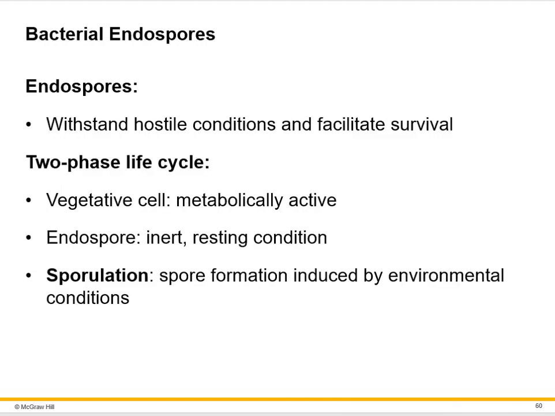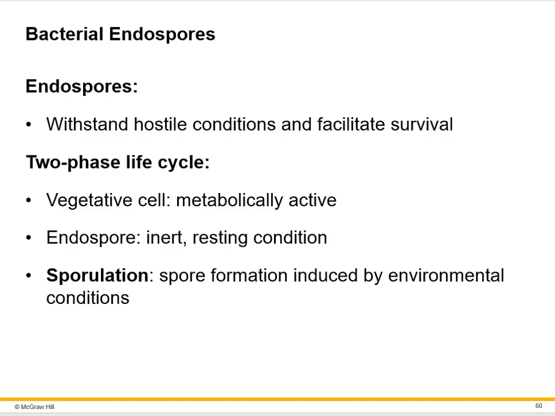So the bacterial endospores, which we didn't see a picture of in the diagram earlier in the chapter. An endospore is for survival. It's not a reproductive structure like we see in fungi. It's not asexual or sexual, either one. It's not for reproduction. Reproduction would mean that one cell produces two cells.